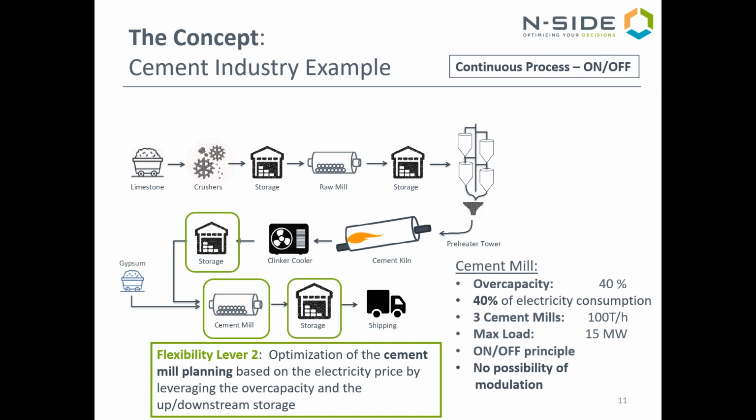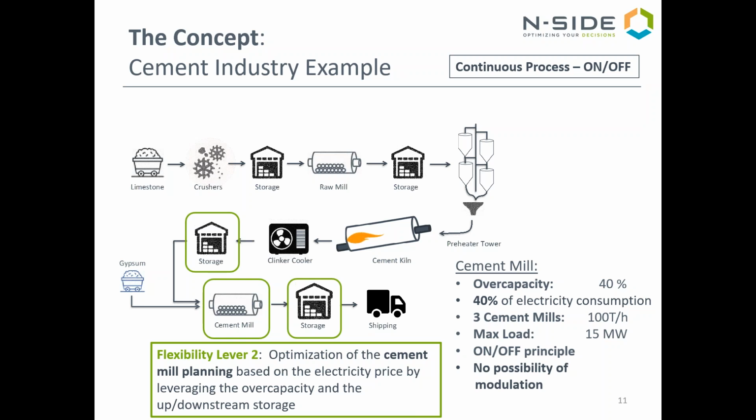Second flexibility, the cement mill, same type of flexibility. We have an overcapacity of 40%. This time, interestingly, it covers 40% of the total electricity consumption. So this is really important to mention. With only 2 extremely flexible processes, we are covering 70% of the total electricity consumption.